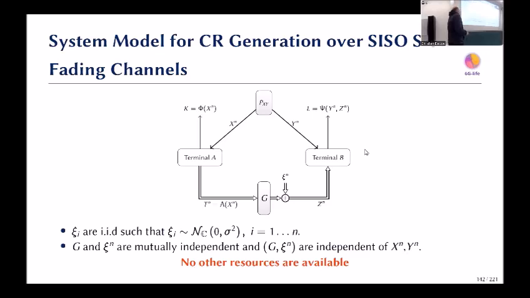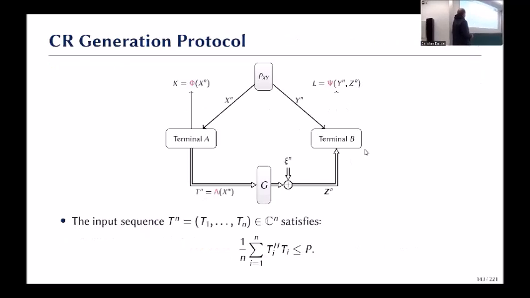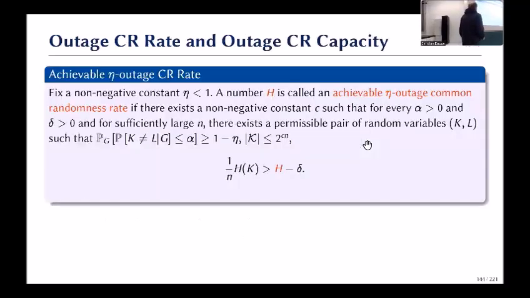And again, we assume that we don't have common randomness available. And of course, we need some power constraint here to show that it satisfies this probability distribution.